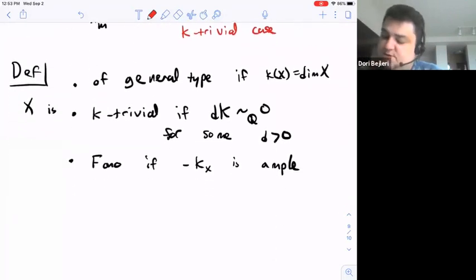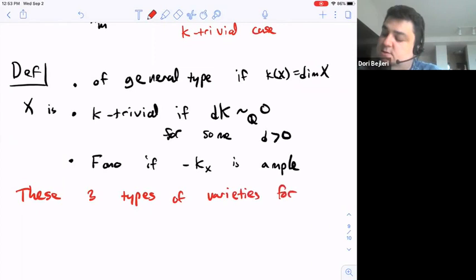So some of the upshot of this classification is that these three types in this definition form the building blocks for building birational equivalence classes of varieties.